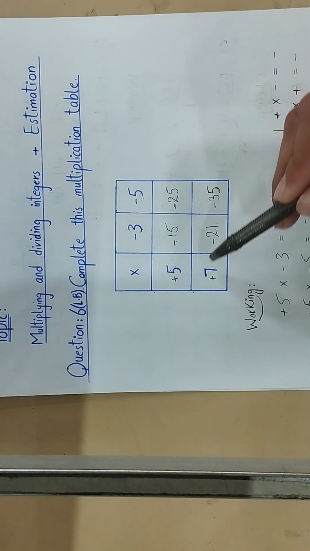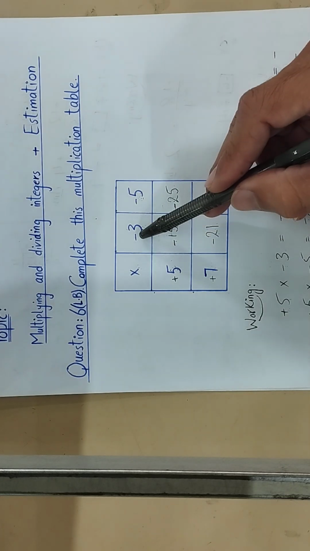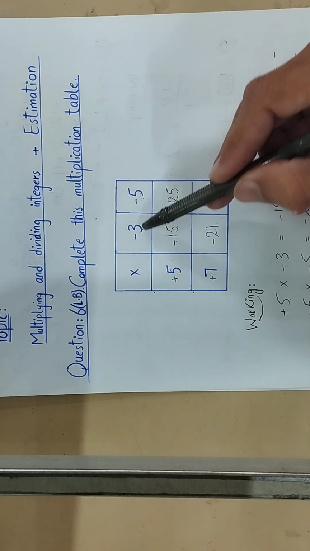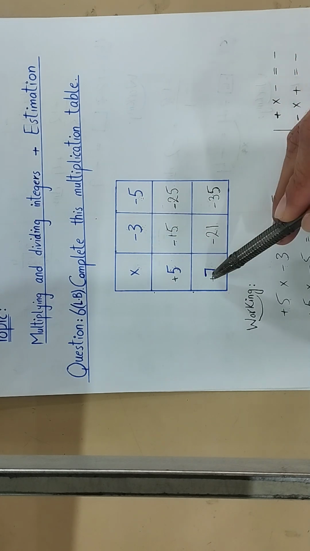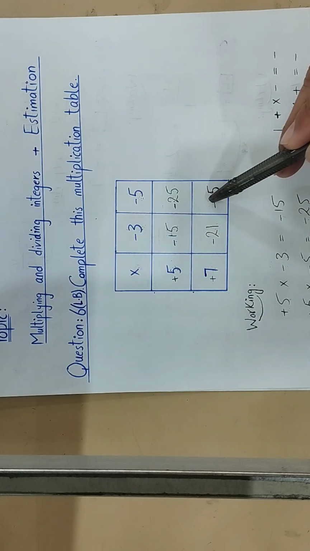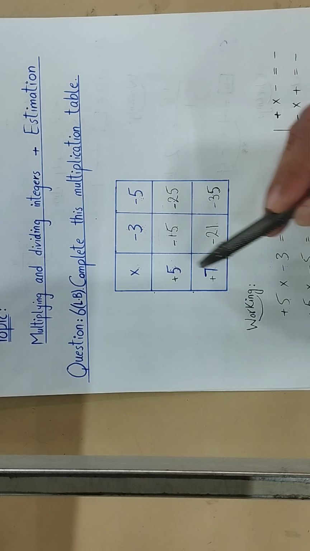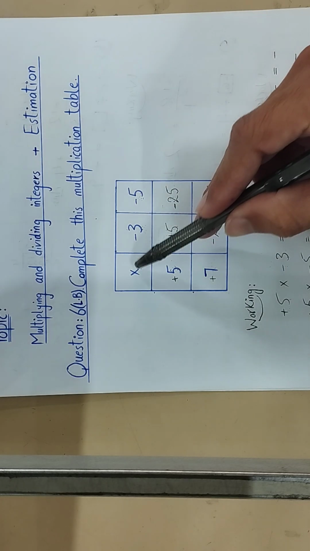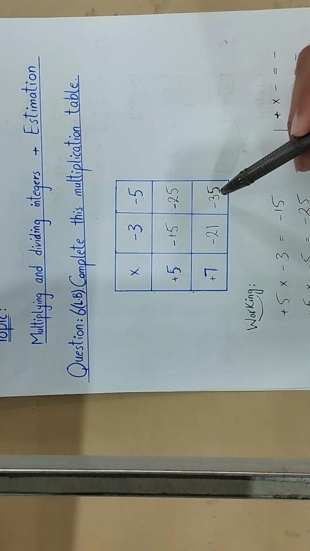Now for these two numbers, multiply 7 with these two top numbers. 7 multiply by 3, 21 and plus multiply by minus is minus. Then for this box, 7 multiply by 5, 35 and plus multiply minus is minus.